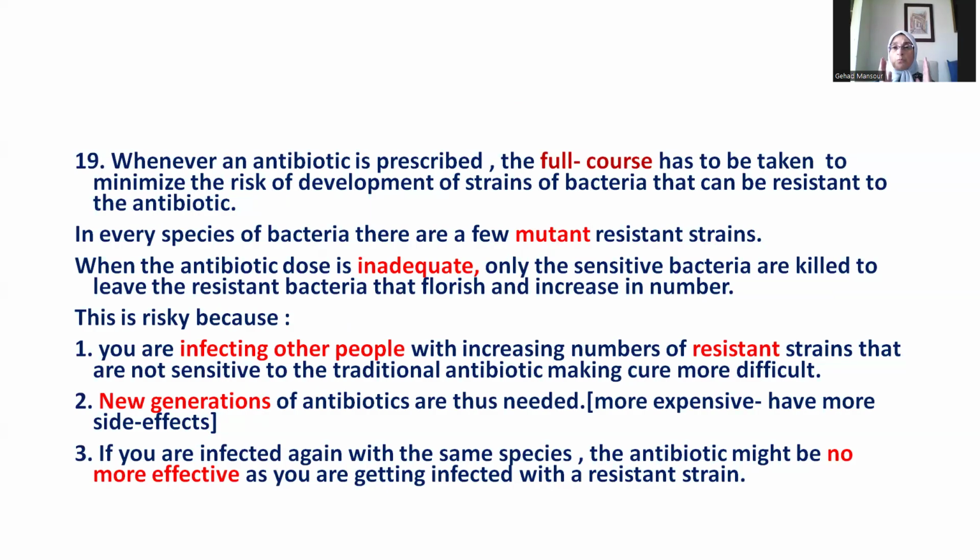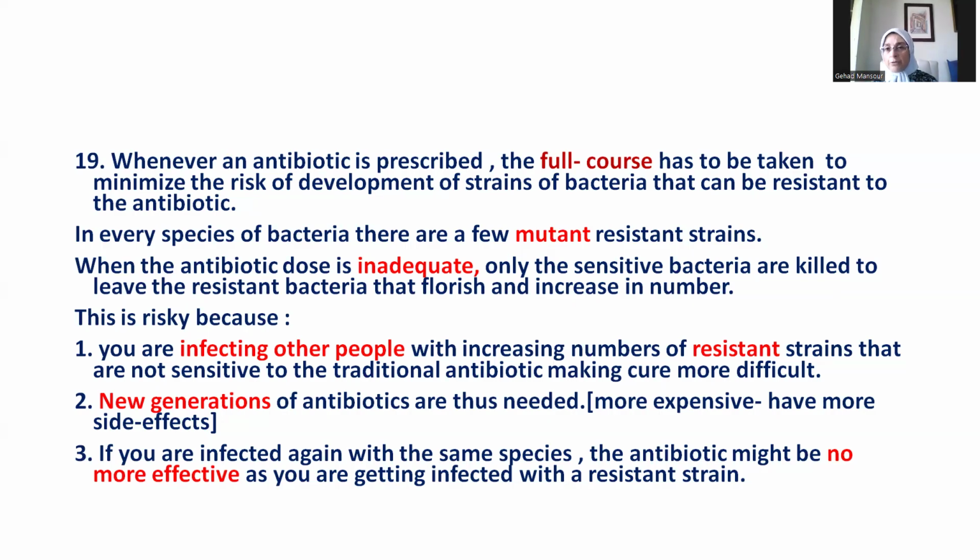And now we come to the most important way of controlling infection, which is the use of antibiotics. Of course, before the era of antibiotics, people used to die from severe infections, but now an antibiotic is a substance that is capable of killing the microbes or the pathogenic organisms. As we said before, there are two types of antibiotics.